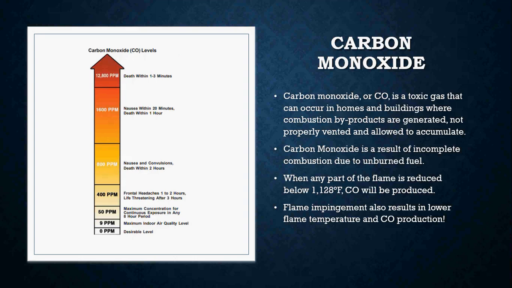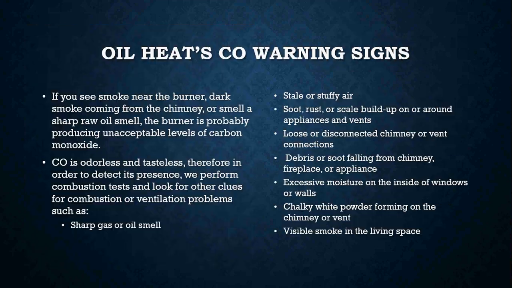It could be life-threatening after 3 hours. 800 parts per million will cause nausea, convulsions, and death within 2 hours. 1,600 parts per million, nausea within 20 minutes, death within an hour. 12,800 parts per million, you're dead within 1 to 3 minutes. Very dangerous stuff. You want to make sure that your burners are working correctly.